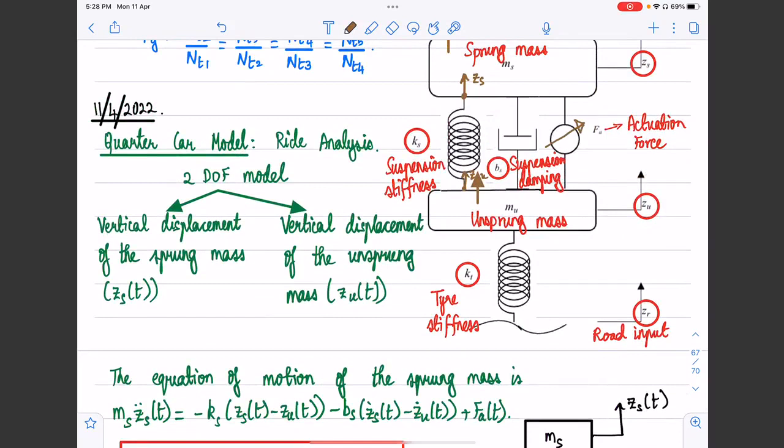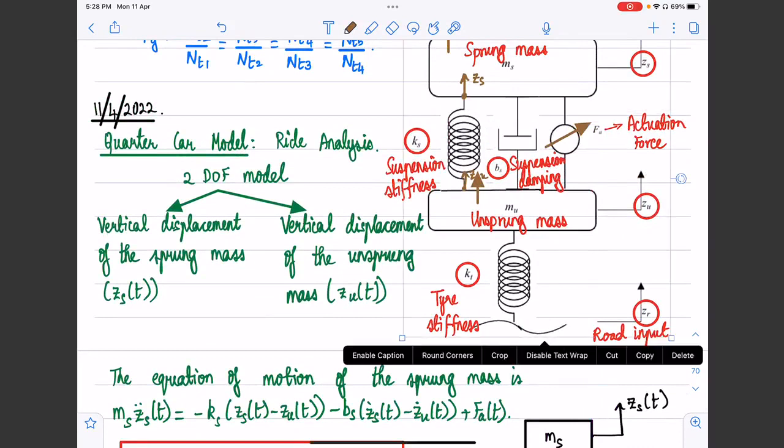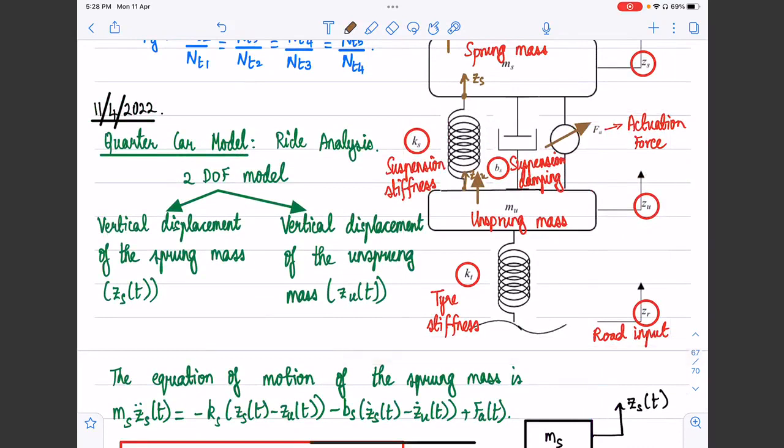If you have an active suspension, you put an actuator between the sprung mass and the unsprung mass, and that results in the actuation force. In typical car suspensions, this FA will be 0. For passive suspensions, and even semi-active suspensions, where we don't have this actuator, FA will be identically equal to 0, because there is no explicit actuation force that you and I can control.